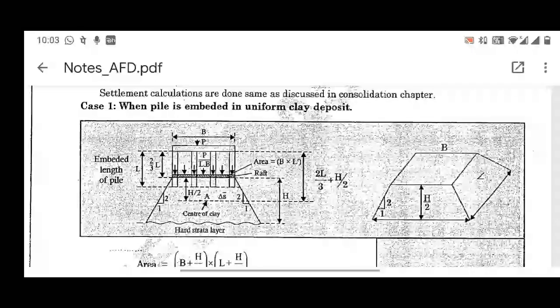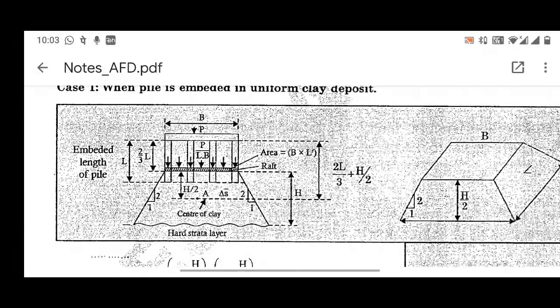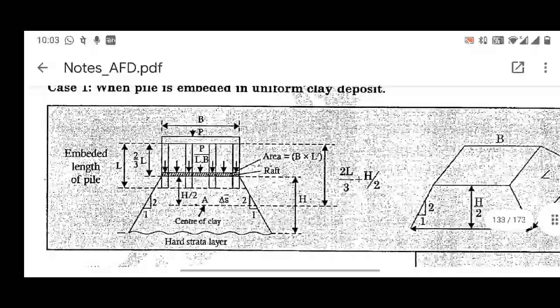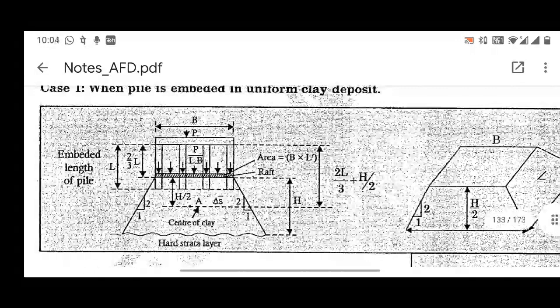But at the base of 2L by 3 plus H by 2, this one, right? I don't have this pen over here now, so I cannot explain in that way. You can easily see on the rightward direction, this is 2L by 3 plus H by 2. So at the base of 2L by 3 plus H by 2, you have a shape where the width of the section is more compared to the base of the 2/3 L. So it is shown here.